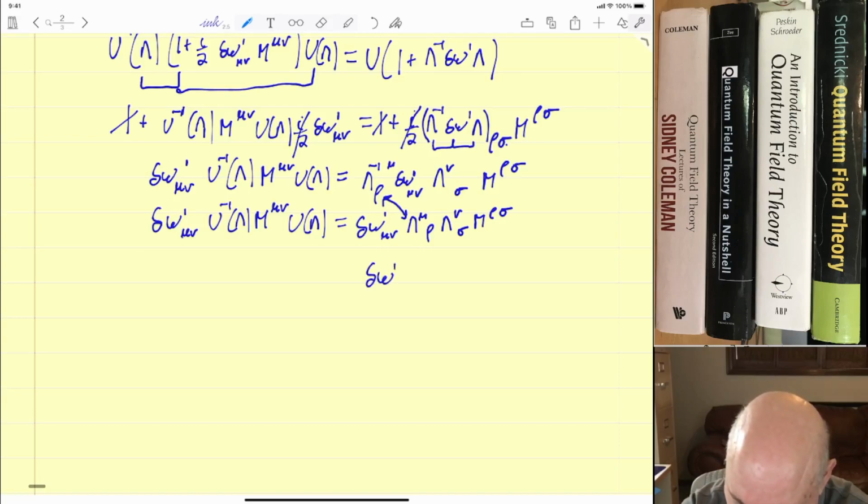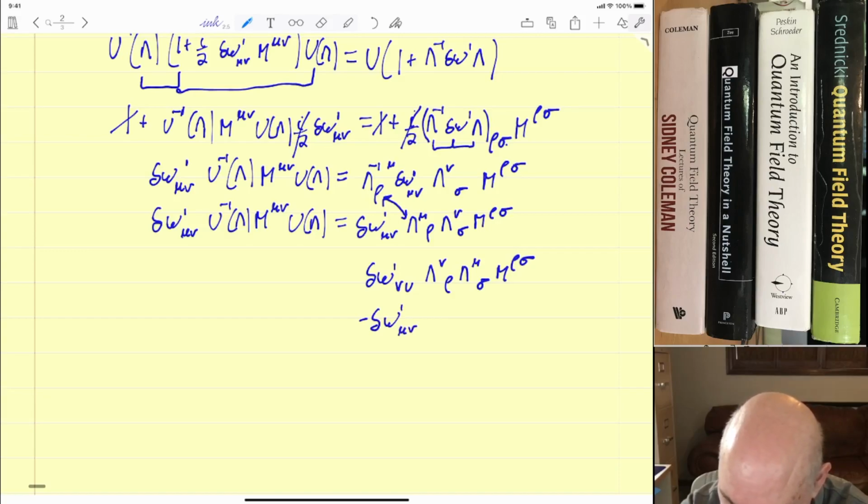I just want to show you that this side is also anti-symmetric in mu and nu. It's not that obvious. If I switch the indices, I get del omega prime nu mu, lambda nu rho, lambda mu sigma, M rho sigma. But now I can switch rho and sigma. So I get minus del omega prime mu nu.